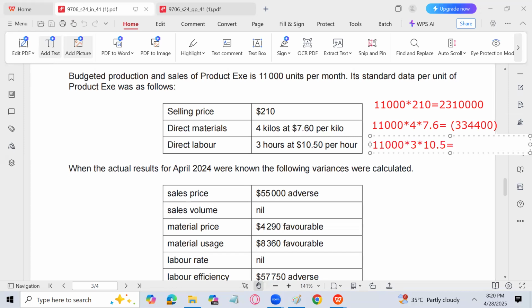That is going to be 346,500. So I will write here in brackets again 346,500. Now you can subtract the costs from the sales. You will find the amount of the profit.